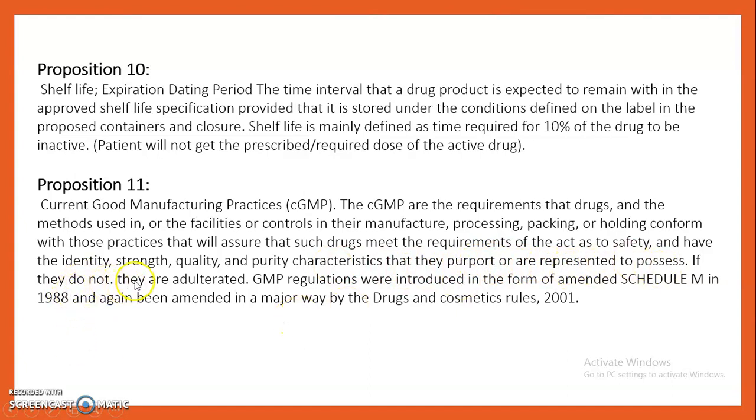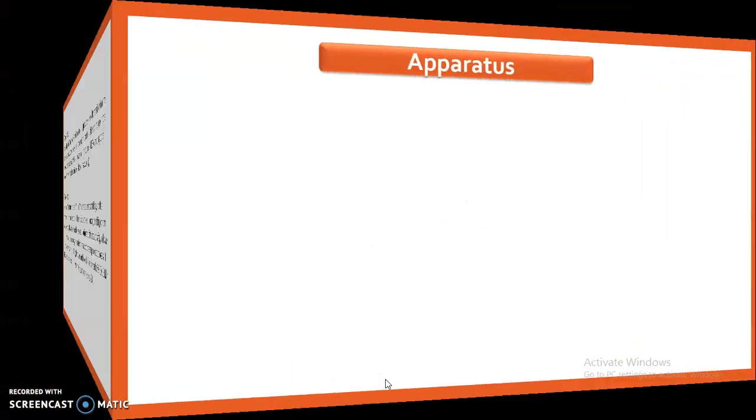If they do not, they are adulterated. GMP regulations were introduced in the form of the amended Schedule M in 1988 and again have been amended in a major way by the Drug and Cosmetic Rules 2001.